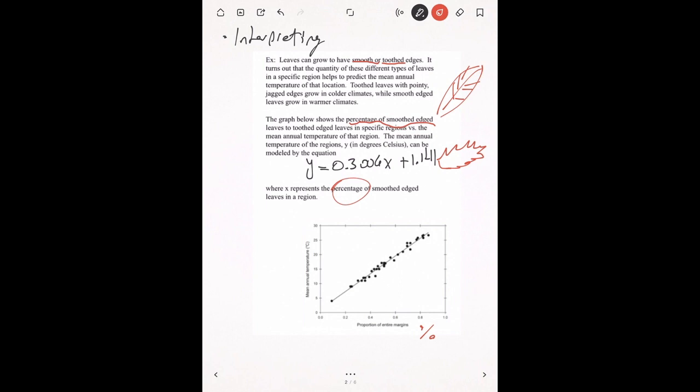Then y represents the temperature. We can see as the percent of smoothed edge leaves increases, so does the temperature. Smoothed edge leaves tend to grow in warmer climates and toothed edge leaves tend to grow in cooler climates, so let's try to interpret what all this information is telling us.